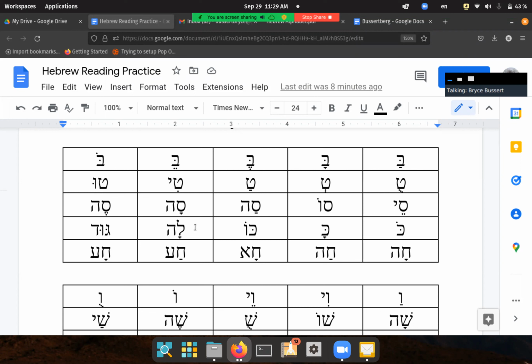La. Lamed, kamatz, hey. And finally, good. This is a gimel. Okay, and it's got a dagesh in the middle of it. There's a vav with the dagesh, which is the u vowel, and then this dalet finishes things off.